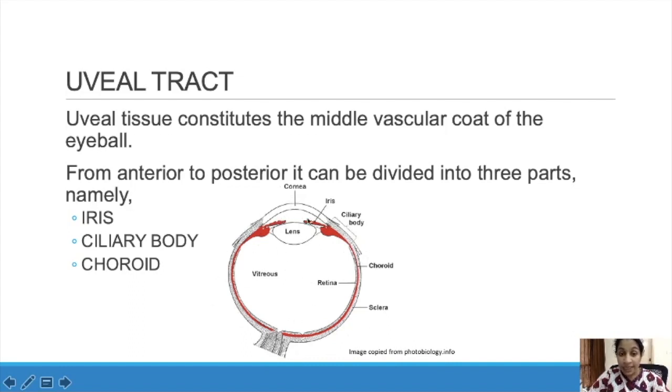This anterior segment is divided into anterior chamber and posterior chamber by this iris. In front of this iris, this portion is known as the anterior chamber, and behind that this portion is known as the posterior chamber. This iris is attached in the middle of the ciliary body. This is the ciliary body. In the anterior part, in the middle of the ciliary body only, the iris will get attached.